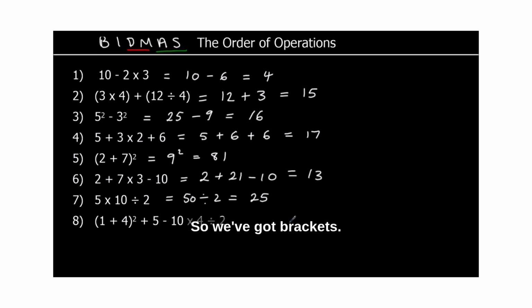So we've got brackets. So we'll do the brackets first, which will give us 1 plus 4, which is 5. So that'd be 5 squared plus 5 minus 10 times 4 divided by 2. Now we've got indices and we've got 5 squared. So we'll do that. 5 squared is 25.